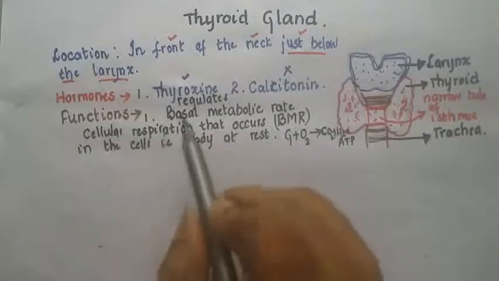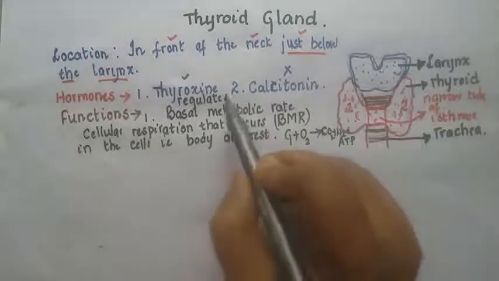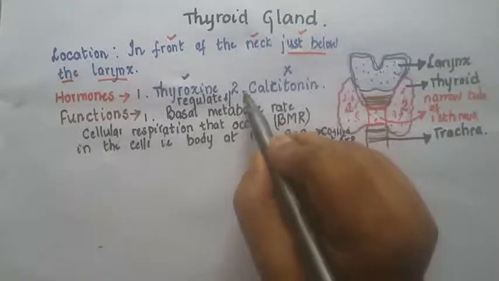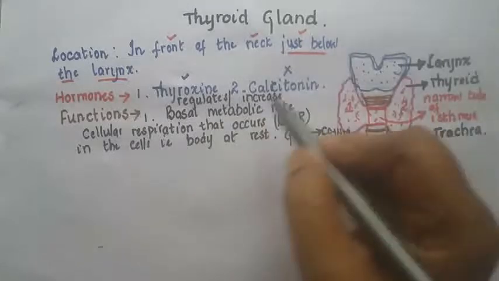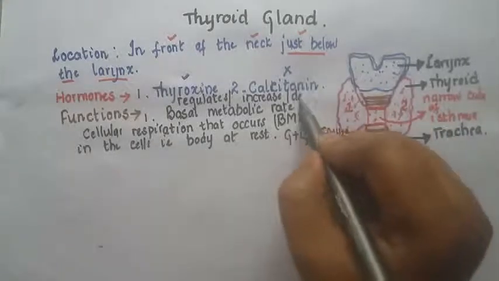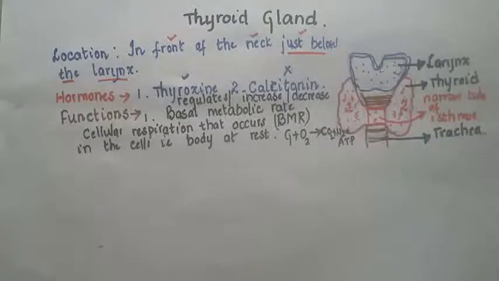Now, when I use the word regulates, it refers to both ways: an increase in the metabolic rate, or a decrease in the metabolic rate. Whenever there is more secretion of thyroxine, it increases the basal metabolic rate.